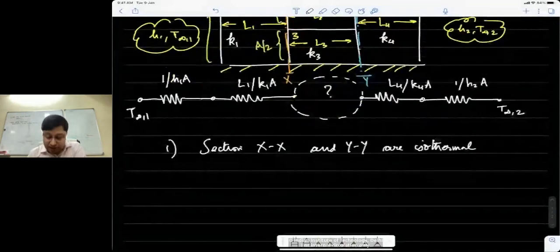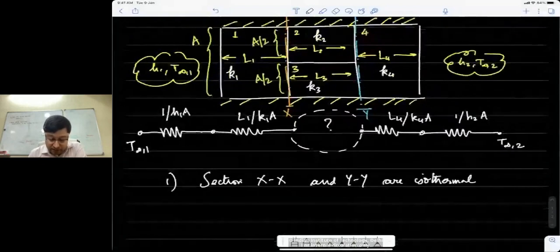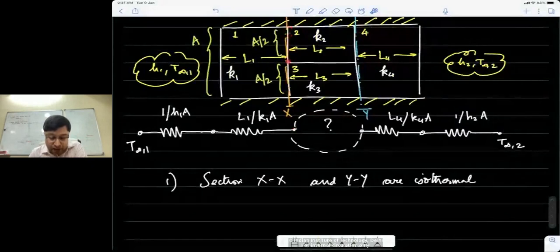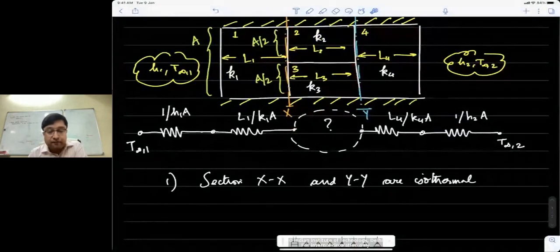If I say that the two sections are isothermal, what do you think will happen now to this unknown here? If this section is isothermal, it would mean that all points along this section are at the same temperature. Similarly, all points along this line are at the same temperature.